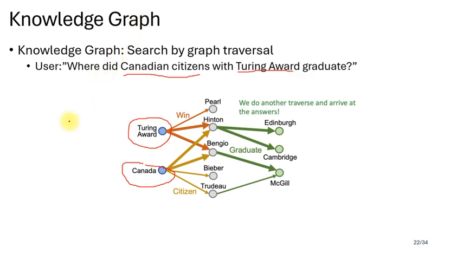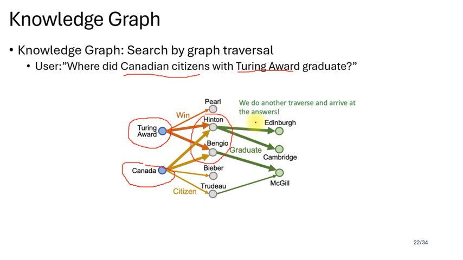So we have two entities. Number one is Turing Award. Number two is Canada. And from the Turing Award, you know that in the world there are many people who won the Turing Award, such as Pearl, Geoffrey Hinton, or Yoshua Bengio. And there are also many persons born in Canada, such as Hinton, Yoshua Bengio, and Bieber or Justin Trudeau. So you can see that these two nodes are most related. They are Canadian, and they both won the Turing Award.